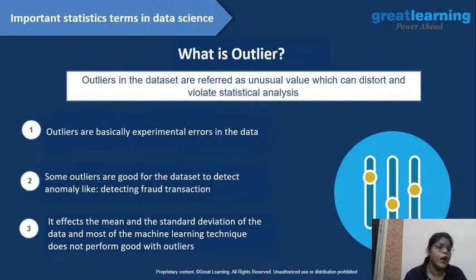Why do we go for outlier handling? What are the advantages of not having outliers in your data, right? If you can give me a quick heads up on that, then we will talk about what an outlier is, why we need to handle outliers, and in some cases where you need to keep outliers.